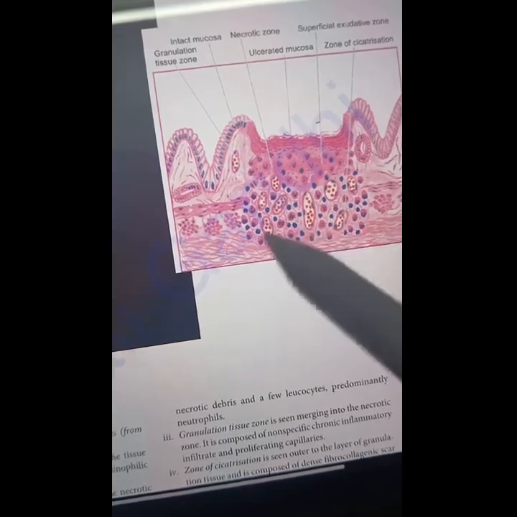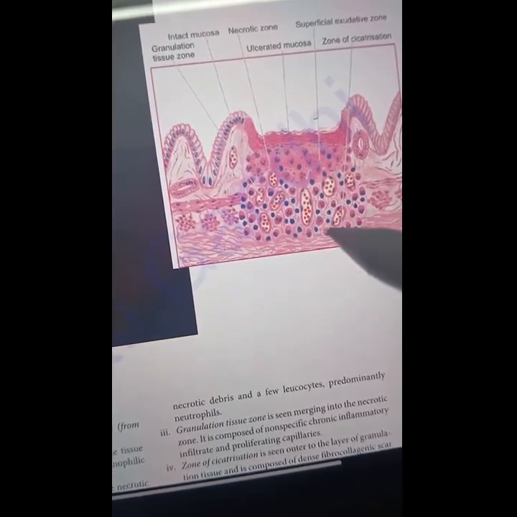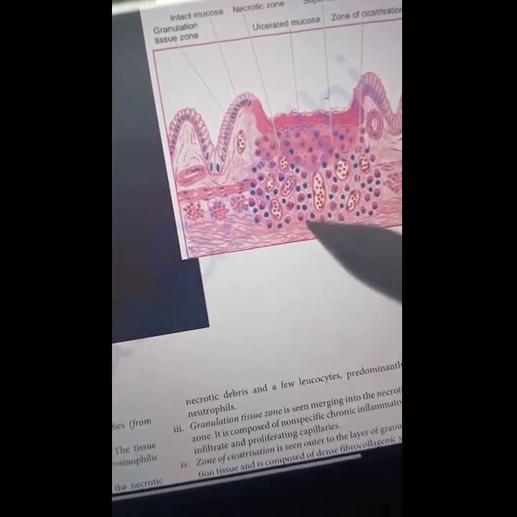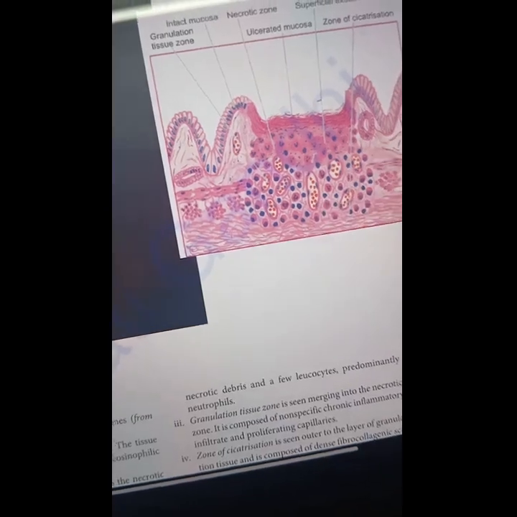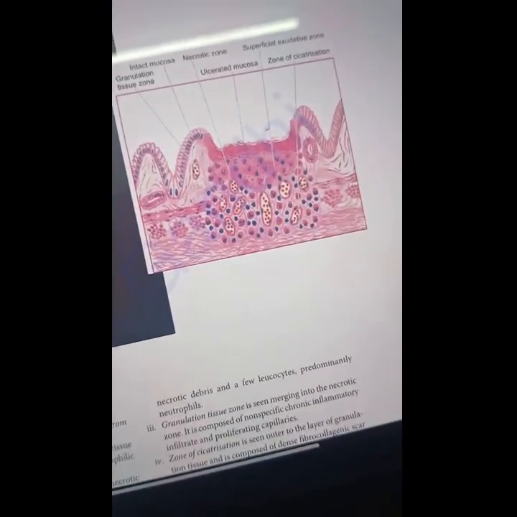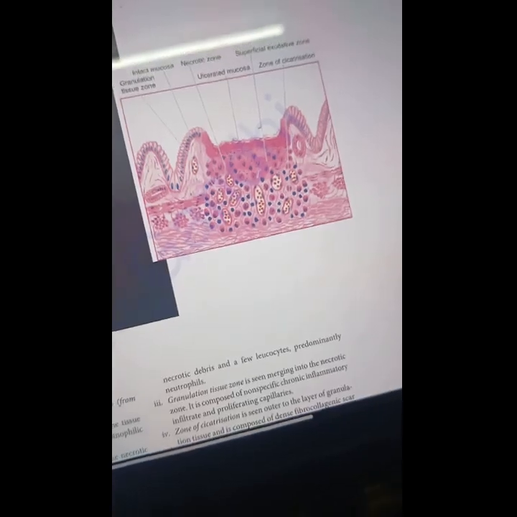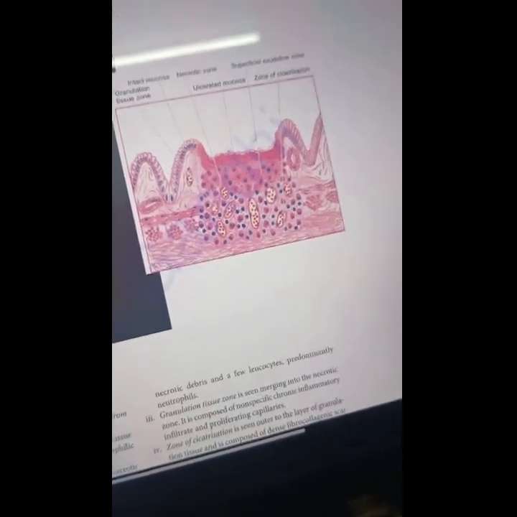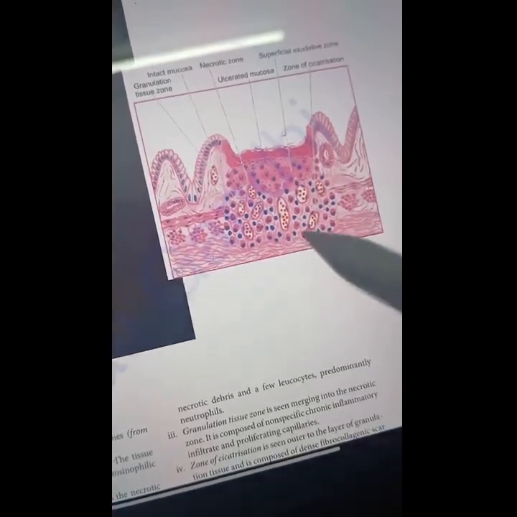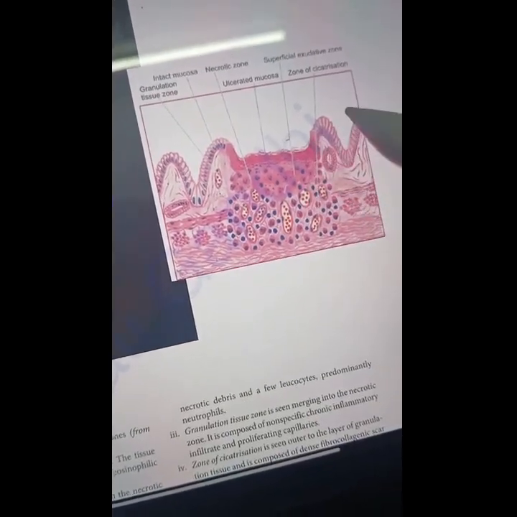You will see congested capillaries, lymphocytes, neutrophils, fibroblasts, neovascularization, plasma cells, macrophages, monocytes, stromal cells, smooth muscle cells, everything of the granulation tissue component. Below is the proliferating fibroblast zone, known as the zone of cicatrization.